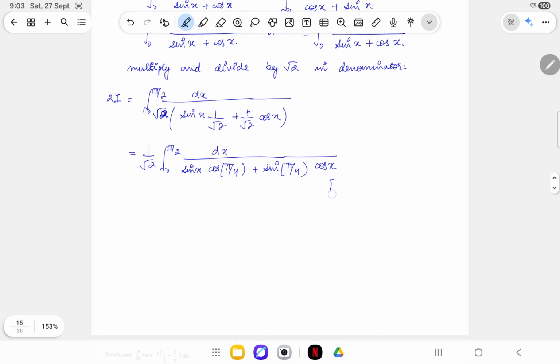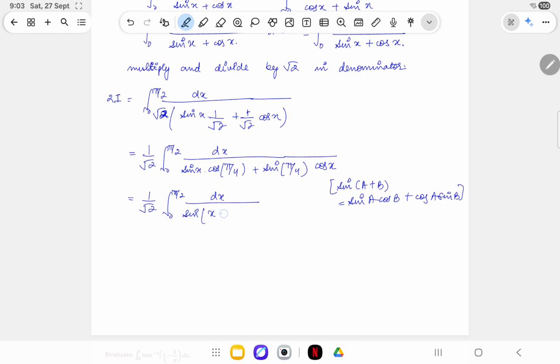And we know the formula sin(a + b) equals sin a cos b plus cos a sin b. Using that formula, our integration will reduce to 1/√2 times the integral from 0 to π/2 of dx divided by sin(x + π/4).